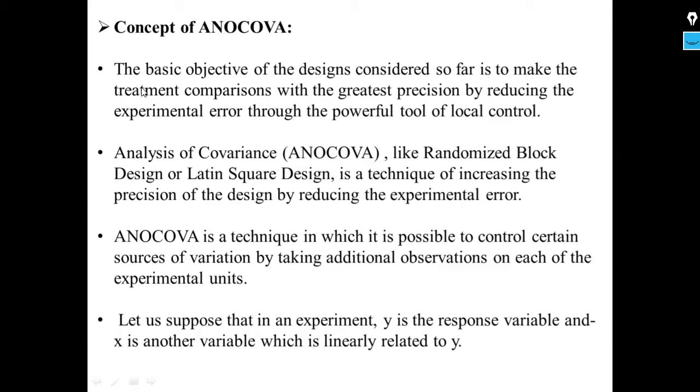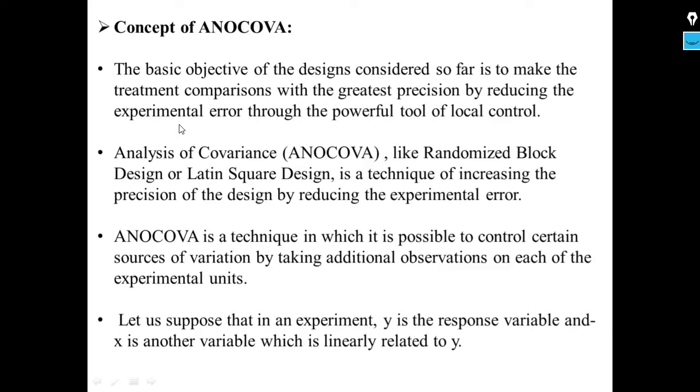The basic objective of designs is to make treatment comparisons with the greatest precision by reducing the experimental error through the powerful tool of local control. So the main objective of design of experiments is to compare different treatments with the greatest precision by reducing experimental error with the help of the third principle of design of experiments, that is local control.